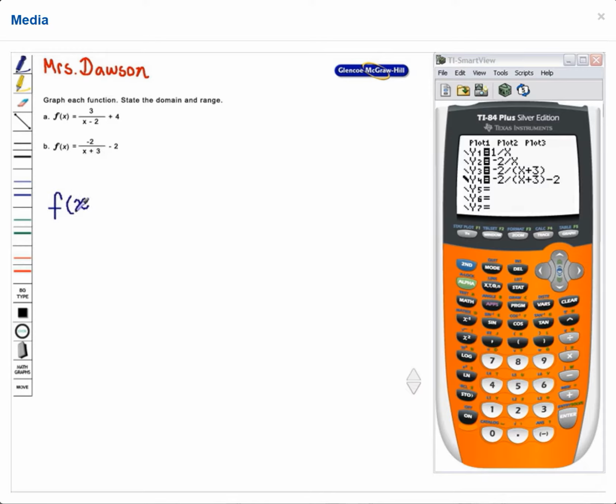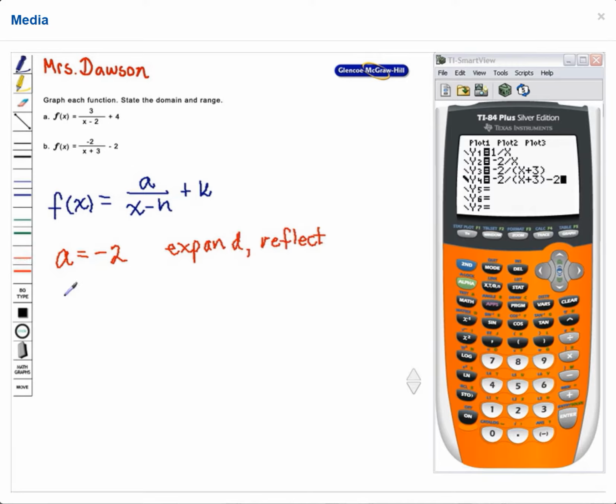Part B, f of x equals negative 2 divided by x plus 3 minus 2. Comparing that to the function from Part A, where we had the numerator as a, the denominator x minus h, and then the constant at the end plus k, we can identify that a is equal to negative 2, and that is going to expand for us, and we'll investigate the graph shortly. Because of the negative, we'll also have a reflection.